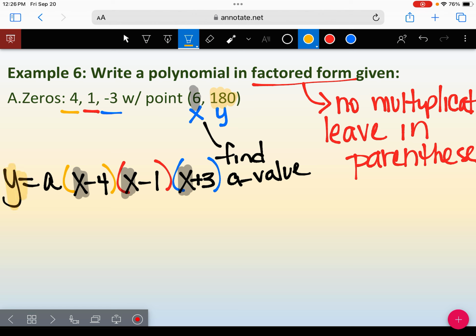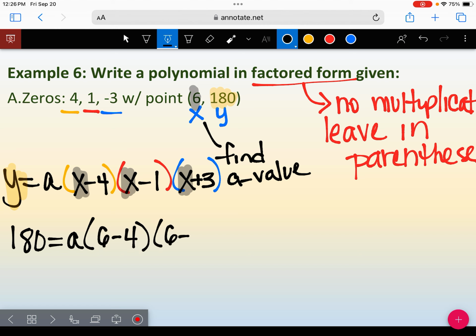And we're going to solve for A. So then that gives me the equation 180 equals A times, then it's 6 minus 4, 6 minus 1, and 6 plus 3. So I think the easiest thing for you to do would be to figure out what is this number.